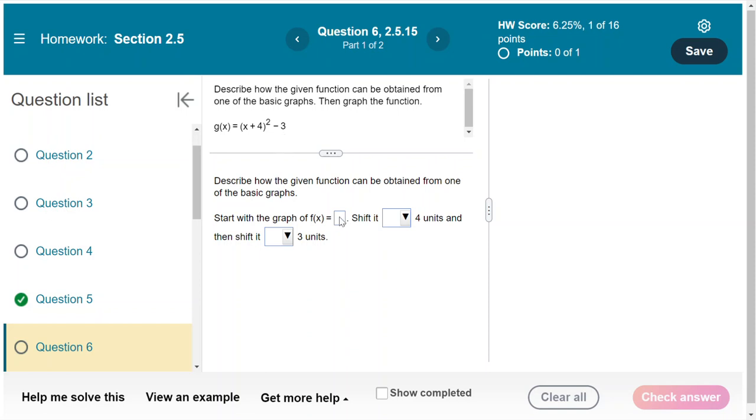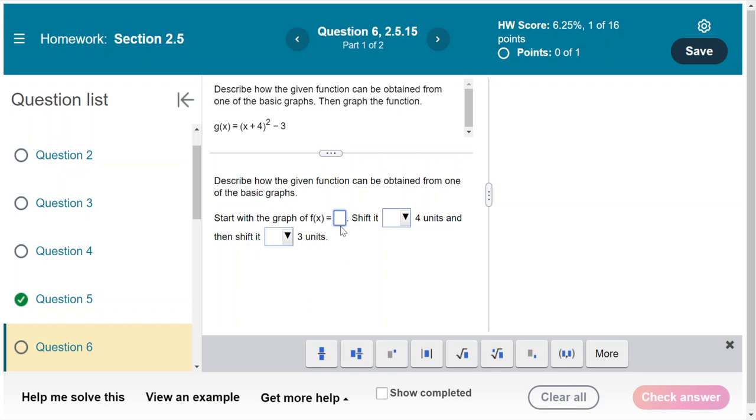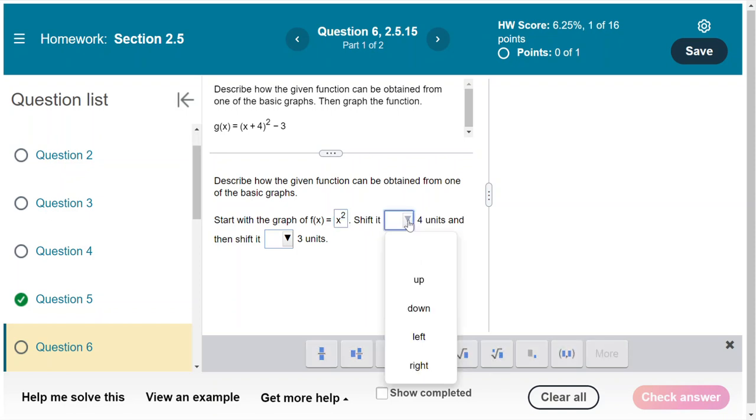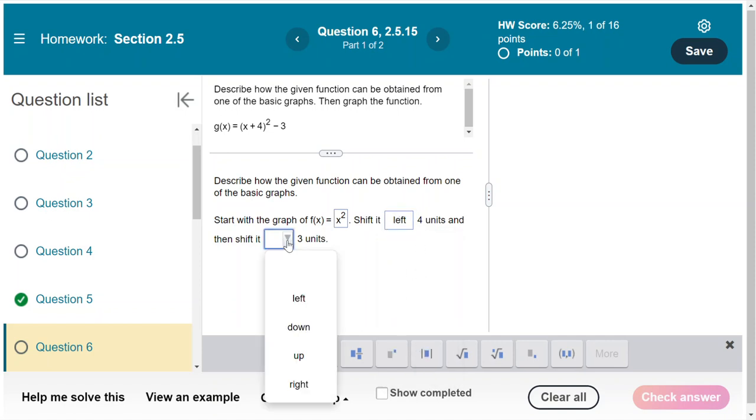So we're going to start with the graph of f of x equals x squared. So x, shift 6, and we'll put in our exponent of 2. Oh, and here it tells, so we're going to shift 4 units left, and then shift it 3 units down.